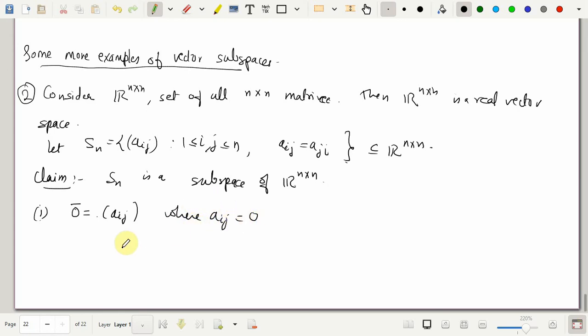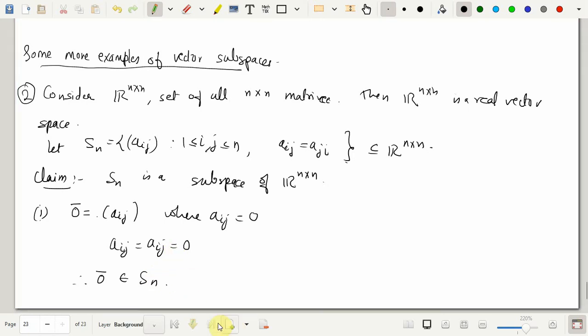So in this case Aij would be the same as Aji, as it is again 0, because it is true for all i and j that the entries are 0. So what we see is that the given matrix is a symmetric matrix. Therefore I can say that 0 belongs to Sn.